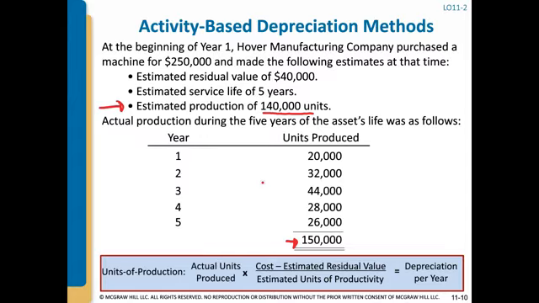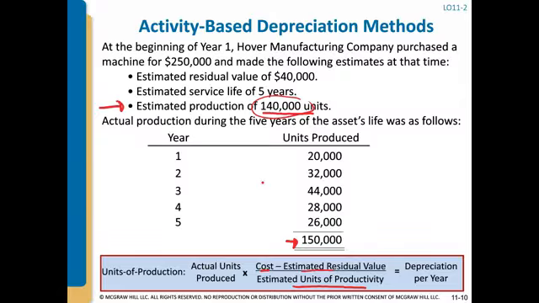The units of production calculation formula is very similar to straight line in that you take the cost minus the estimated residual value. But now instead of dividing by the service life, you divide by the estimated units of productivity for that entire life of the asset, which in this case would be 140,000.